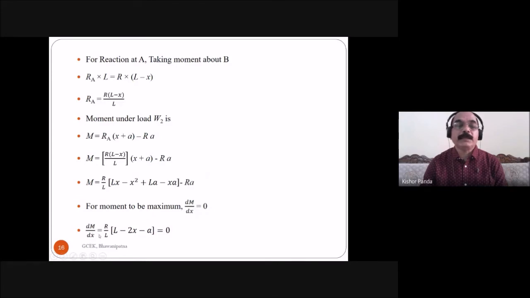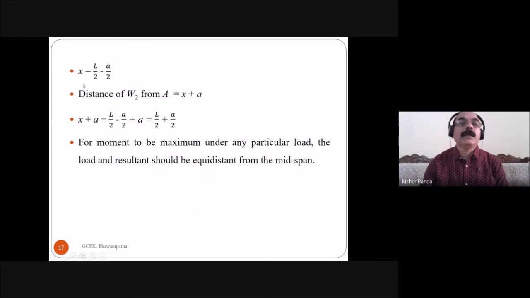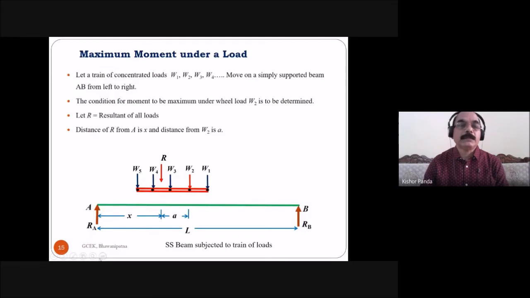So dM by dX is equal to 0, that is R by L into L minus 2X minus A. Then X is equal to L by 2 minus A by 2. So this distance X is equal to half of the span, L by 2, minus A by 2.